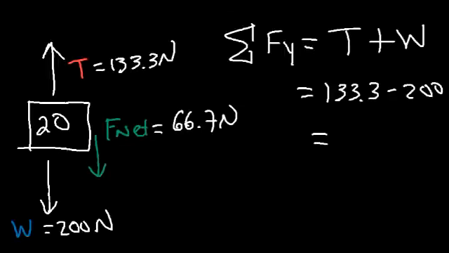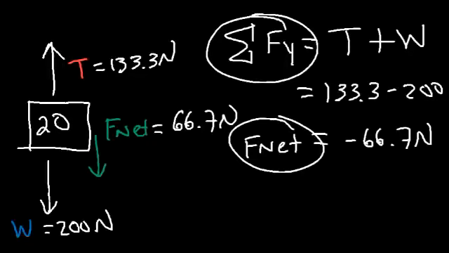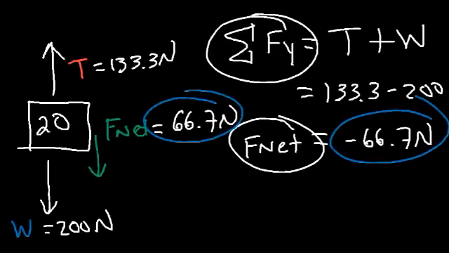So 133 minus 200 gives you negative 66.7, which is the net force. The net force and the sum of the forces in the y direction are the same. The negative sign simply tells you that the object is descending with a net force of 66.7. The net force is in the negative y direction.